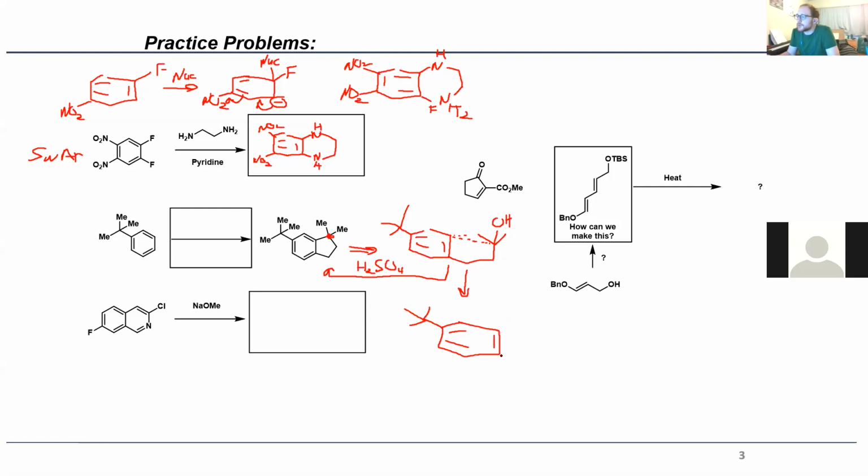I think at this point, there are quite a couple things you could do. Does anyone have a suggestion for how you could get from this ester to the tertiary alcohol?